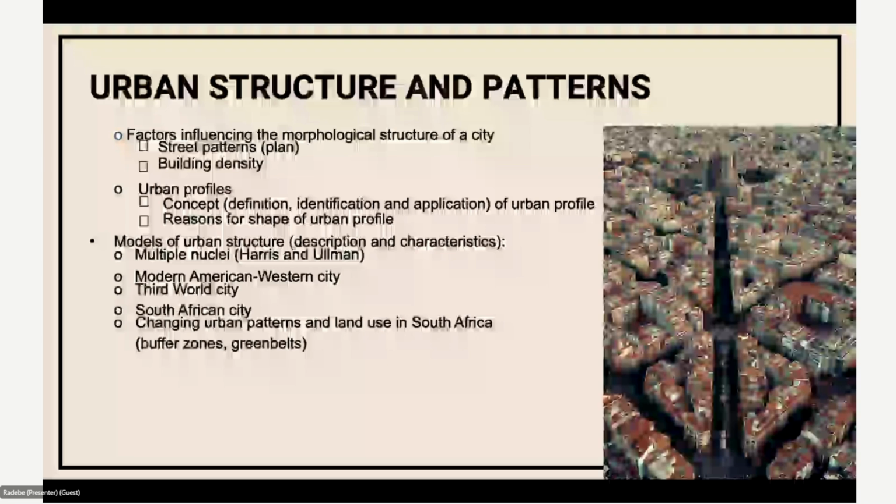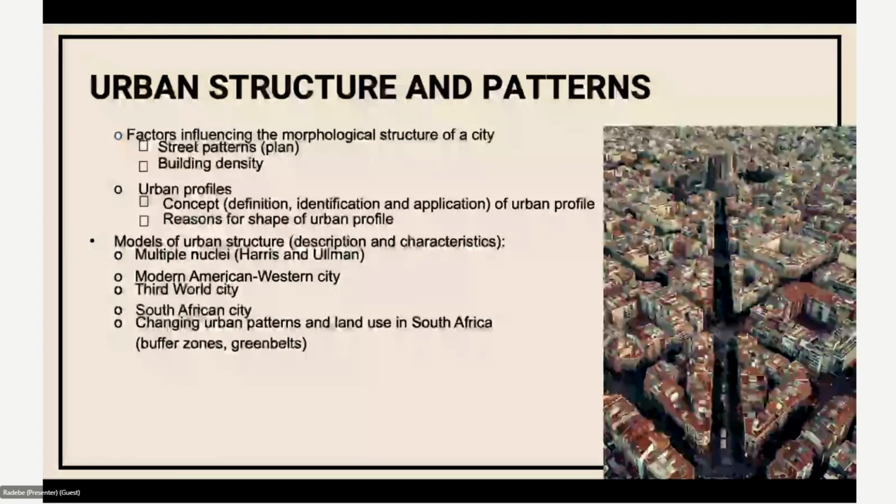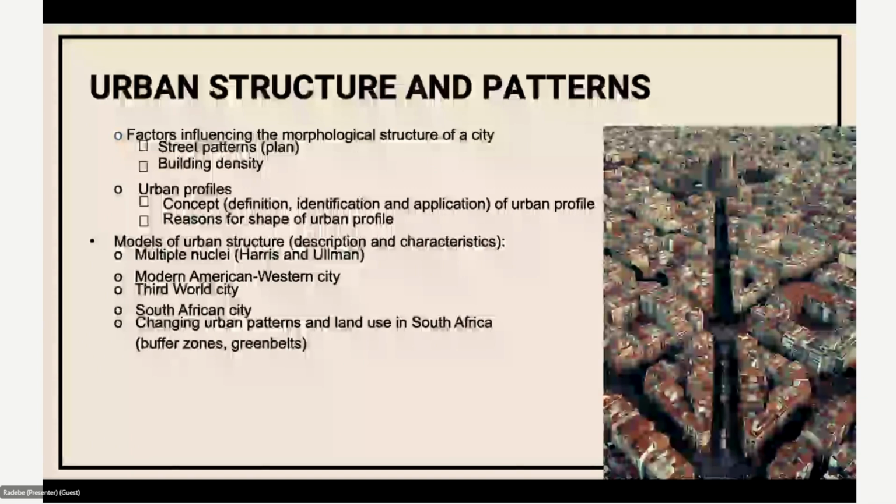And then models of urban structure, you need to differentiate, because this is basically the argument of these 3 gentlemen here. They are trying to come up with different explanations of the urban structure. The other one will say it's a multiple nuclei, and the other one will talk about the modern American Western city, and then the other one is a third world city, the South African city, changing urban patterns and land use in South Africa, buffer zones, and also focusing on the green belt.